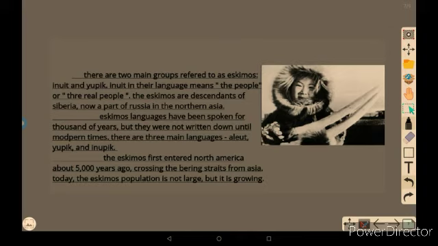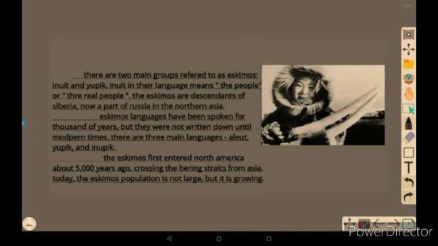Okay, so the Eskimos first entered Northern America. It is written here, and you can find it clearly in the textbook too. If you read the textbook once, you can understand all the topics about it.